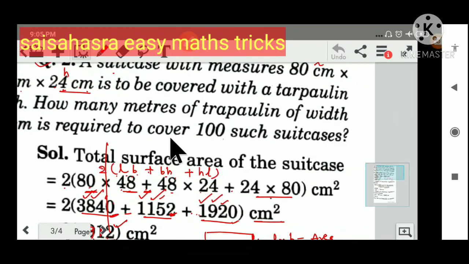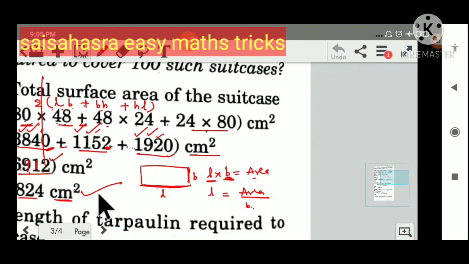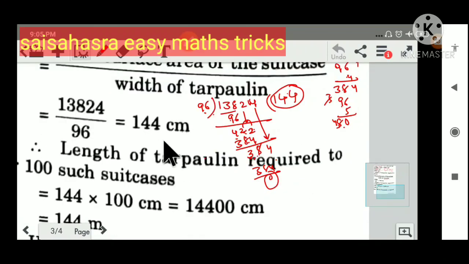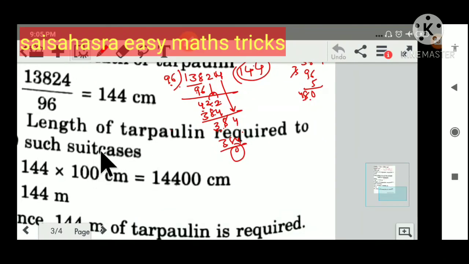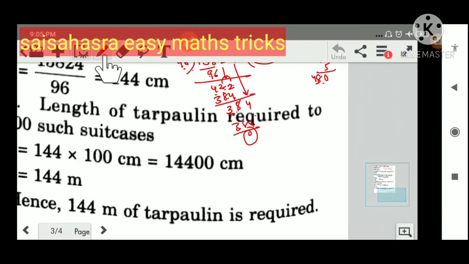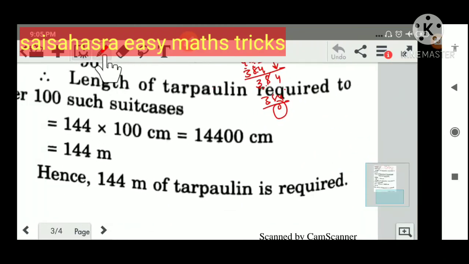But we need to cover 100 such suitcases. For one suitcase it is 144 centimeter. For 100 suitcases, the length of tarpaulin required is 100 into 144.